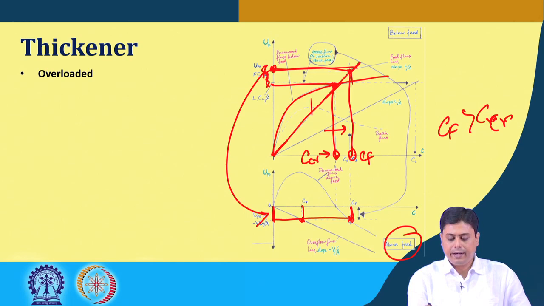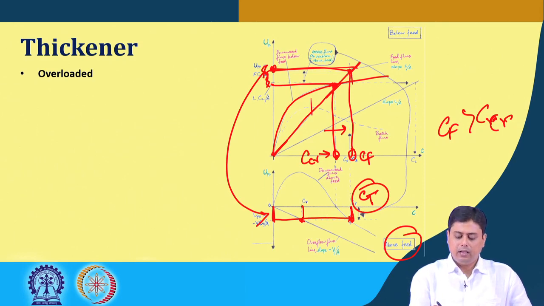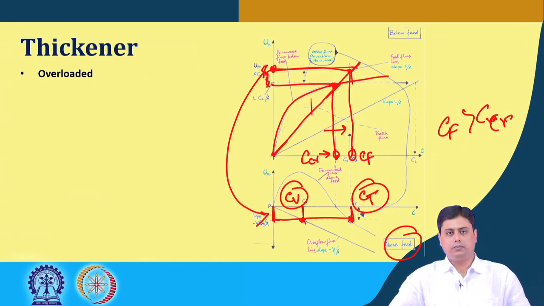The point where it intersects this total flask curve, this concentration is the CT, which is the mean concentration at the top section. And the point where it intersects the V by A line, this is Cv, which is the concentration in the overflow.